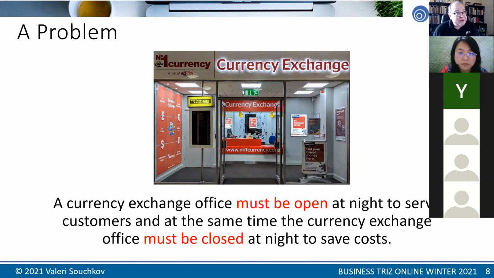This way everything was absolutely legal, the currency exchange officers didn't need to allocate their people to work at night at all, and the supermarkets were getting some extra profit for providing currency exchange operations. So that's how the problem was solved.